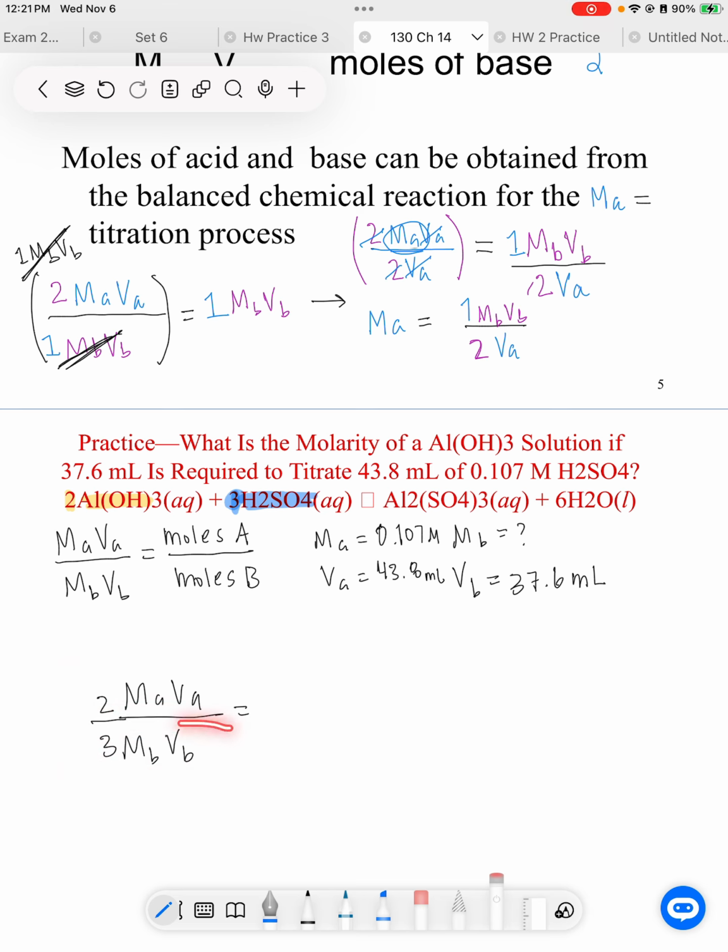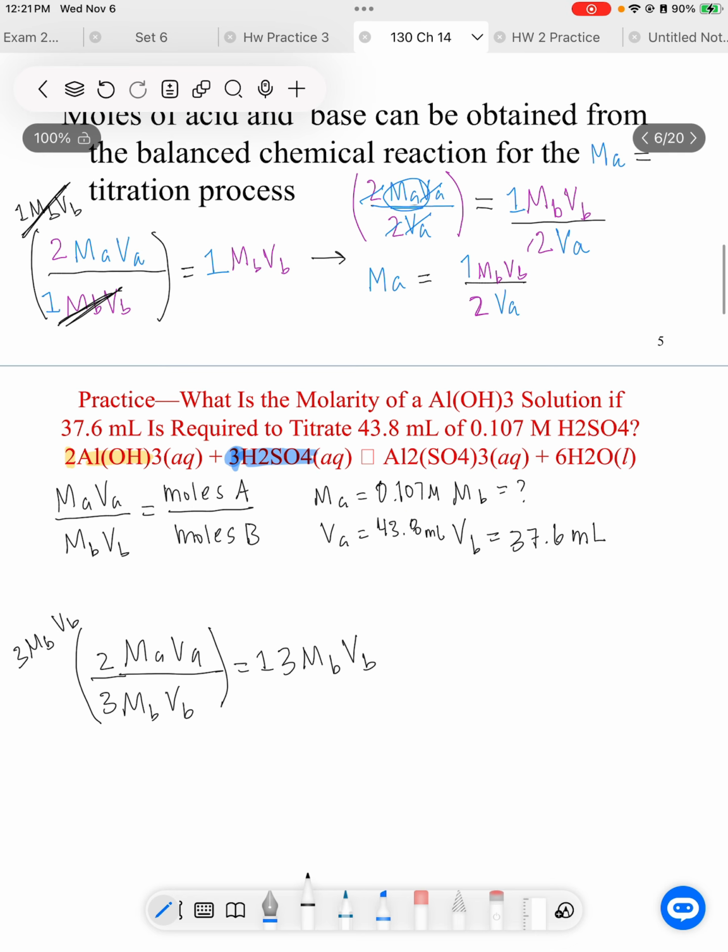You can't do that. You can only multiply out the bottom of a fraction, okay? So we're going to multiply out the bottom of our fraction, which is 3MBVB. And what we do on this side, we have to do on the other side. Remember, we have a 1 here. It's invisible. So we're going to multiply 1 by 3MBVB. All right. I'm going to erase this. So we multiplied that out. Okie dokie.